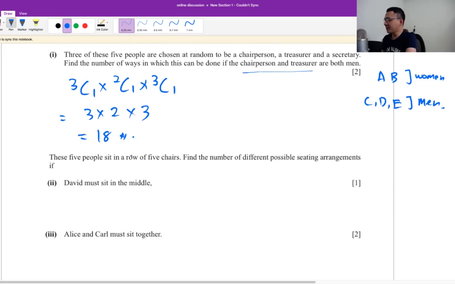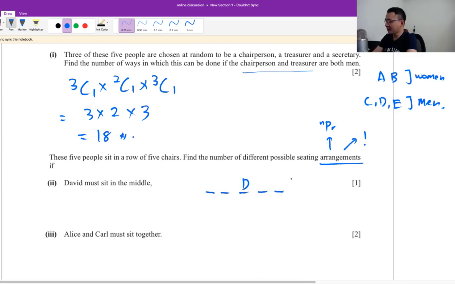These 5 people sit in a row of 5 chairs. Find the number of different possible sitting arrangements. When you see arrangement, you basically need to use nPr or you can use the factorial, both will be fine. David must sit in the middle, so D needs to sit in the middle.